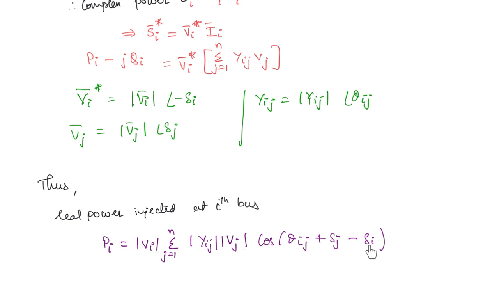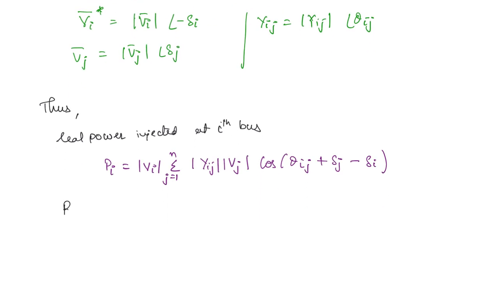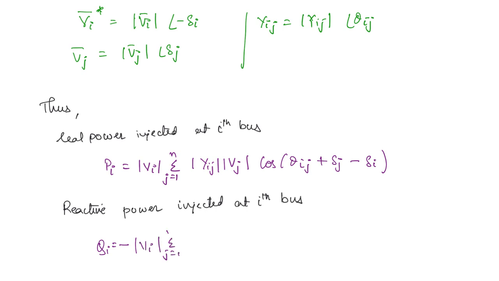So minus delta I. Okay, and similarly the reactive power, you're going to get reactive power injected at ith bus is given by Qi is equal to minus mod Vi sigma j is equal to 1 to n mod Yij mod Vj sin theta ij plus delta j minus delta I. Okay. So here you have negative sign.